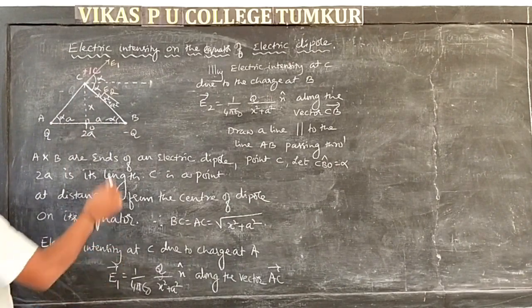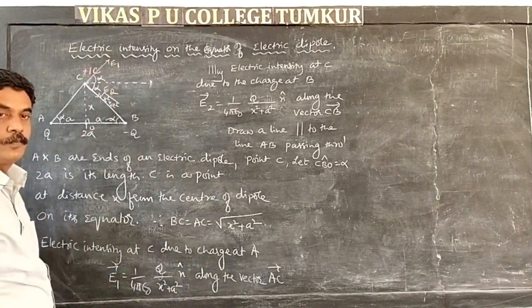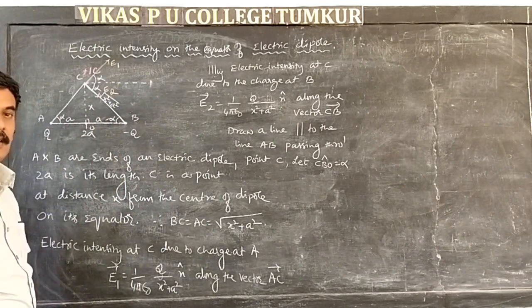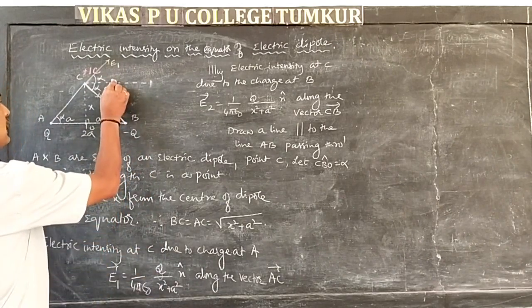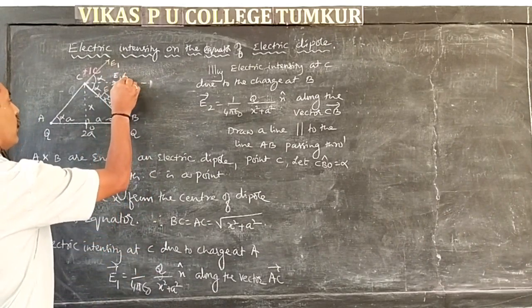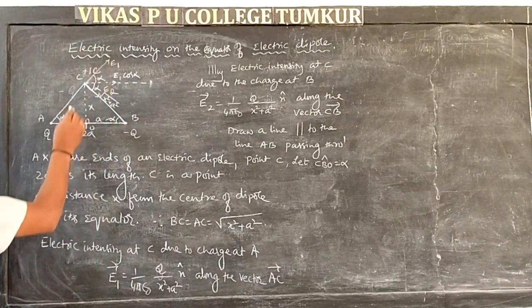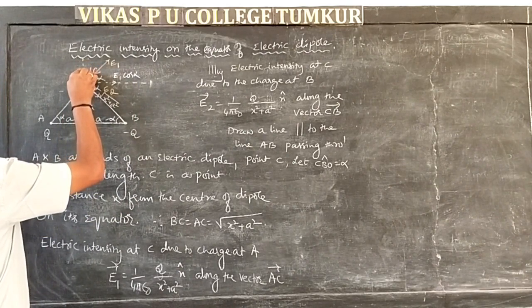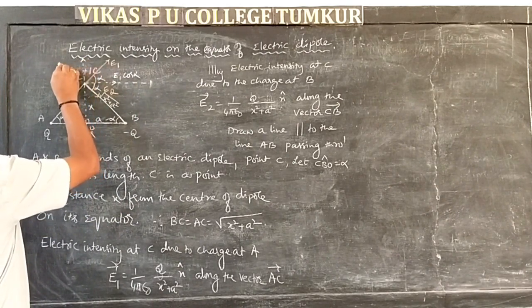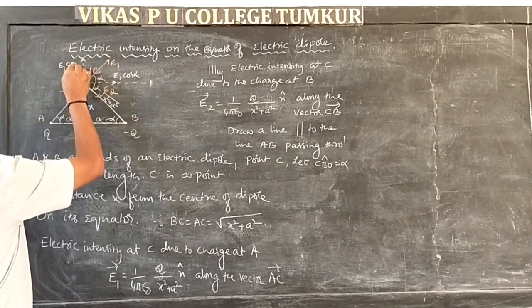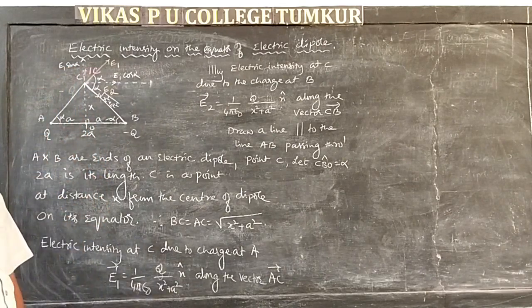Now vector E1, this is alpha, is resolved as E1 cos alpha along the horizontal and E1 sin alpha along the vertical.